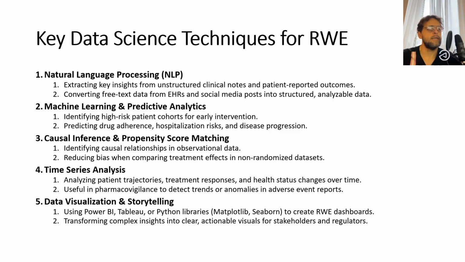Another one is time series analysis, analyzing patient trajectories, treatment responses, and health status changes over time. It could be useful in pharmacovigilance to detect trends or anomalies in adverse effects reporting.